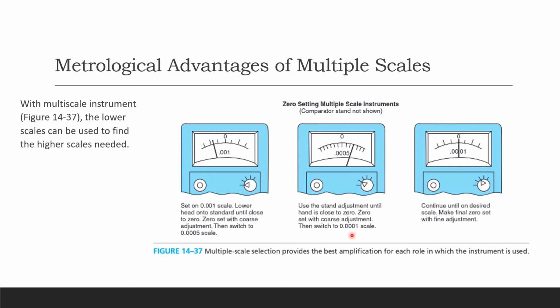So we can set the 0.001 scale. Continue until on the final scale and make the final zero sets with the fine adjustment. Now we get a perfect zero setting right there. We use a stand adjustment, and then we use a coarse adjustment.